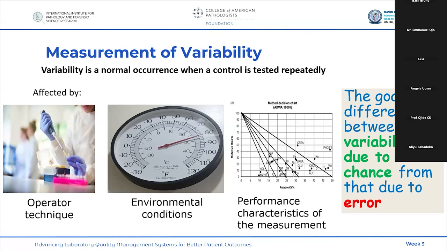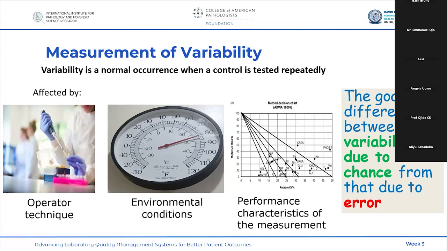So we introduce quality control in the system so that we are not confused when there is variation in our test results. Normally, when you run a sample, whether it's quality control or patient sample, repeatedly, there is a variation that occurs normally.